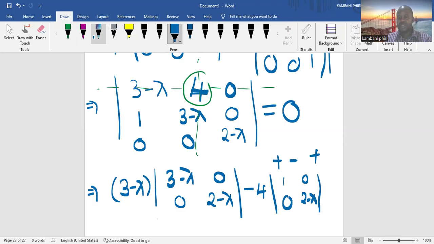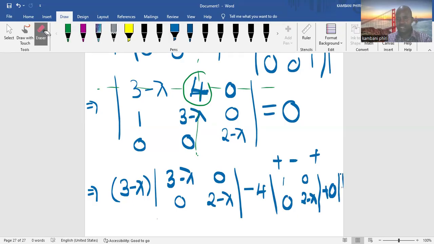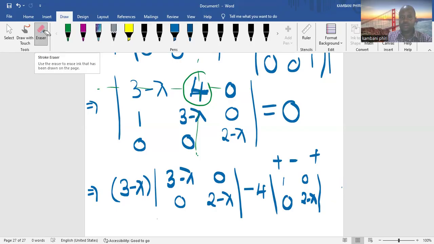Since the last one is 0, when you multiply by 0 it will be 0, so we can just leave out this part.